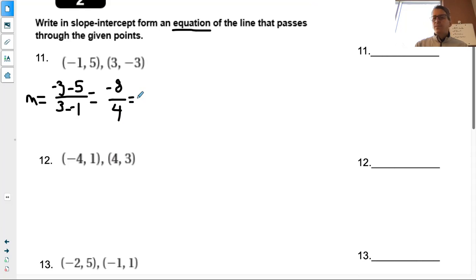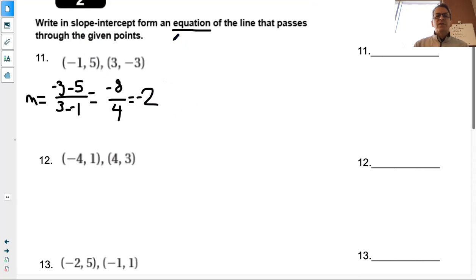So that gives you a slope of -2. Again, -3 minus the 5 divided by 3 minus the -1. Slope is -2. Then we're going to use the point slope form to get it started.